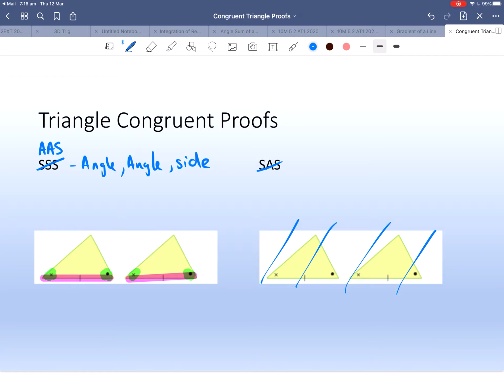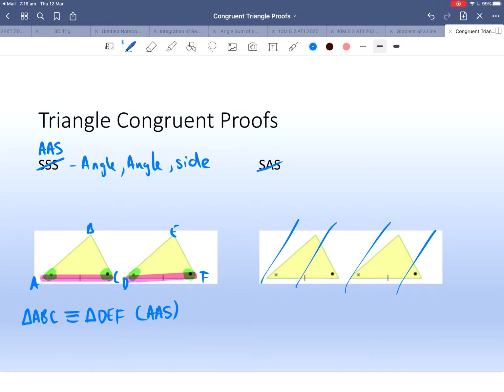I'm going to do the same thing: A, B, C, D, E, F. Triangle ABC is congruent to triangle DEF, and our reasoning is AAS, which means angle, angle, side.